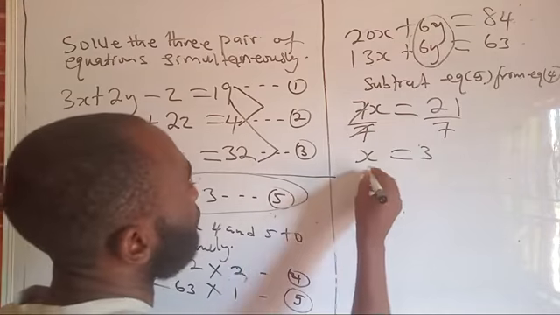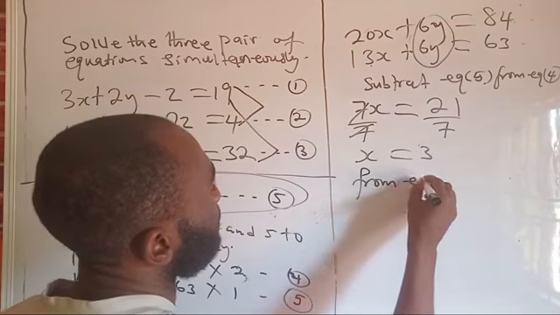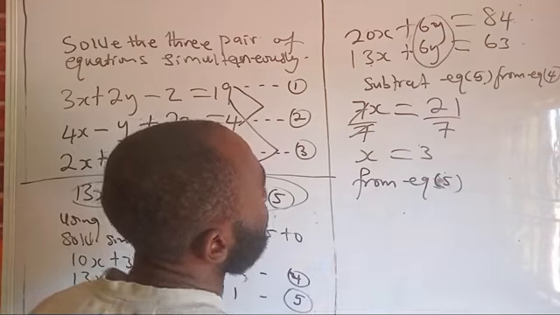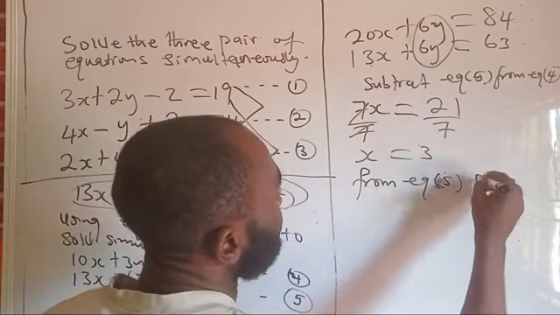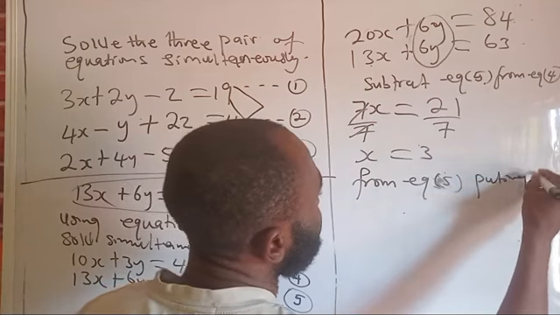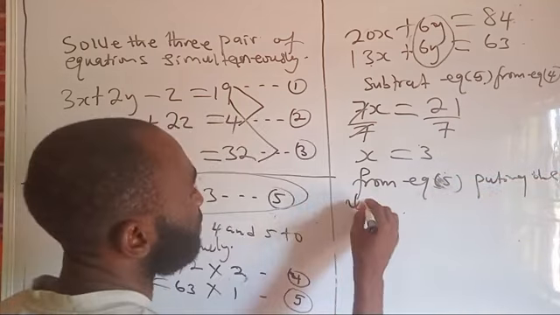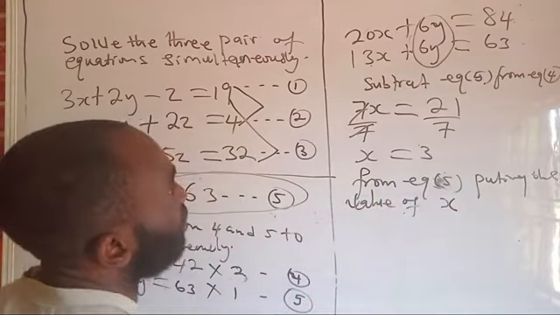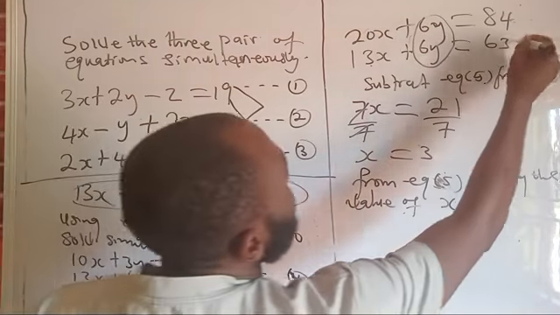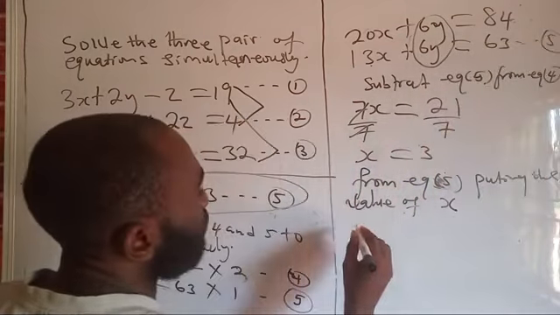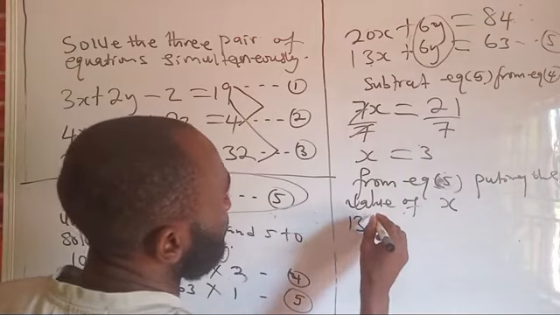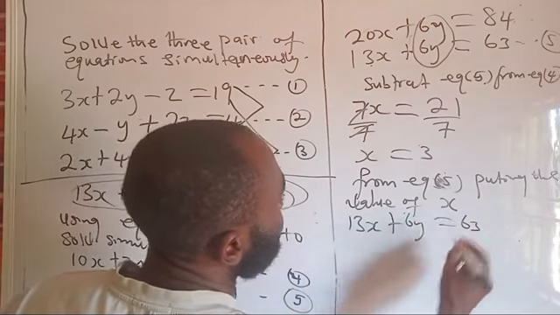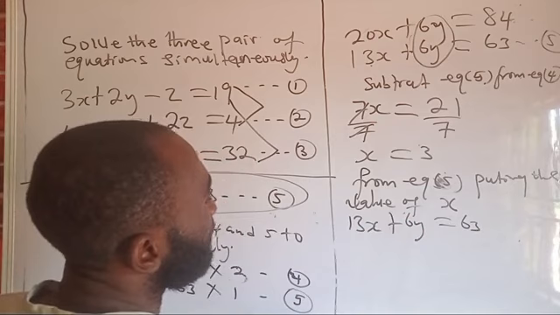So now from equation 5, putting the value of x into equation 5, this is equation 5. So we have 13x plus 6y is equal to 63. So here we know that x is 3.